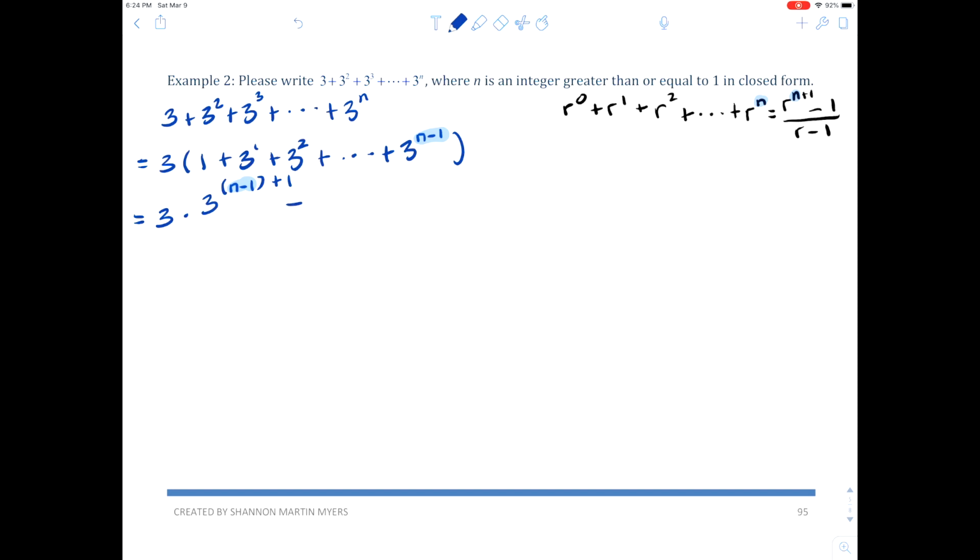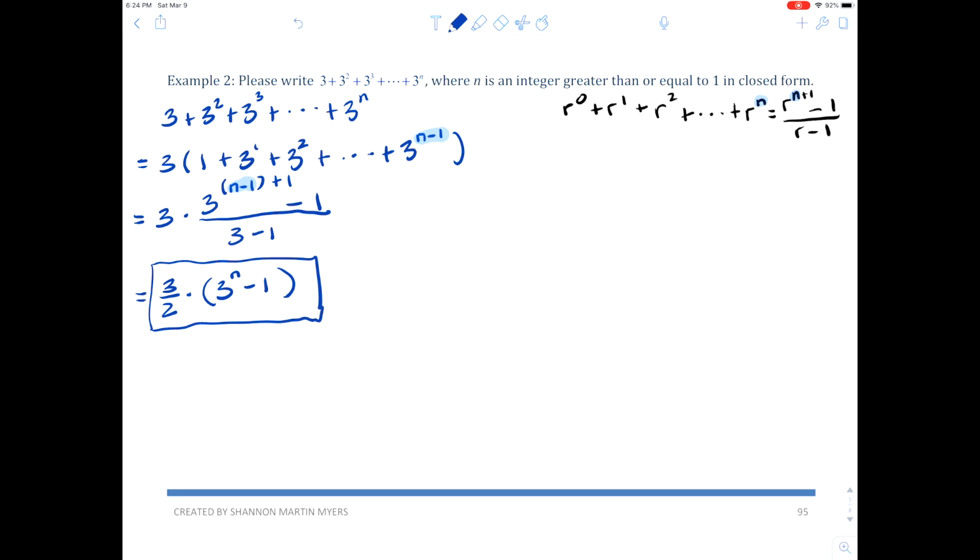And then don't forget to subtract the 1, and that's over 3 minus 1. Well, that's going to give us 3 halves, because the 3 minus 1 in the denominator is 2. And then I'll have times 3 to the n minus 1. And we're all done. We've got it in closed form. No summations or ellipses. Cool, cool?